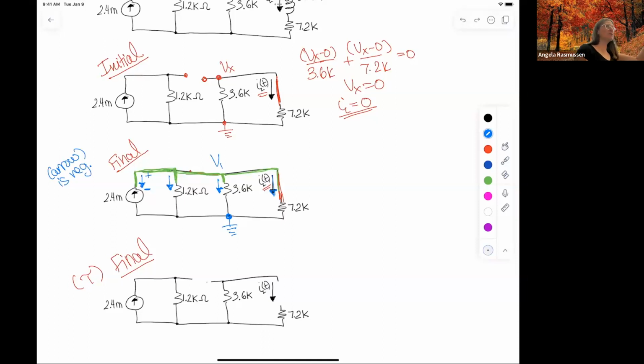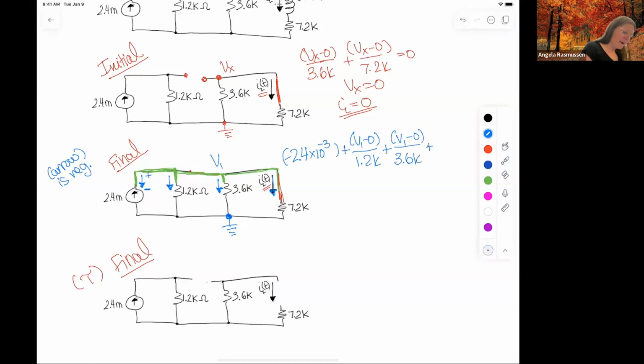So that current's defined as going in. So I'm going to do a minus 2.4 milli, and milli is what? Minus 3, thank you. And then the next branch with the 1.2K is going to be V1 minus 0 over 1.2K. And then the next branch is going to be V1 minus 0 over 3.6K. And then V1 minus 0 over 7.2K. So there is my equation.